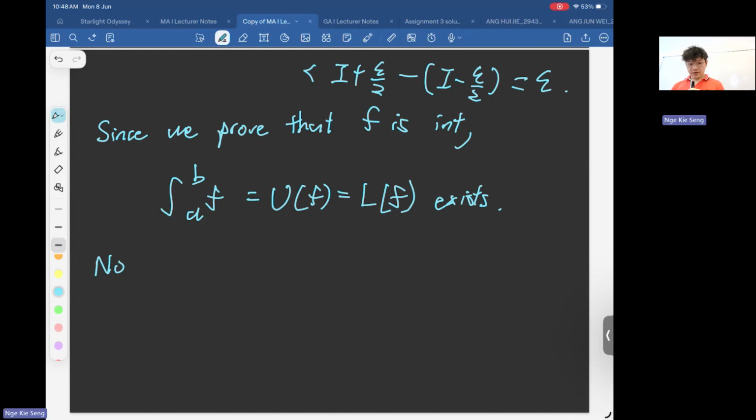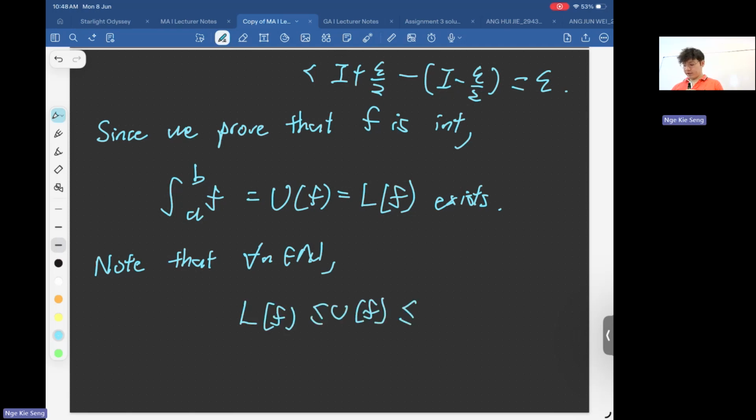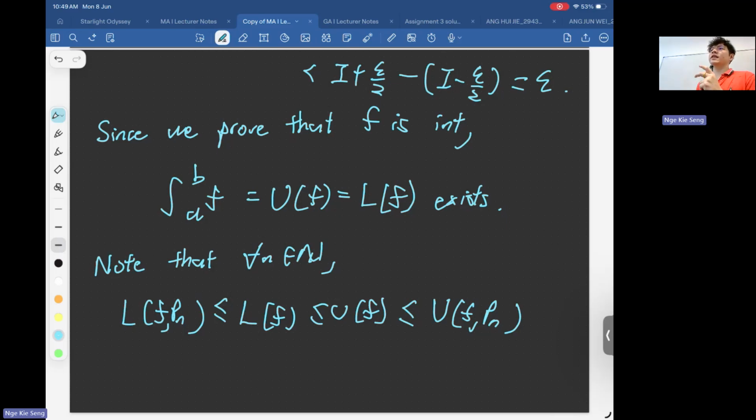Well, note that we established some inequality last time, right? We can always bound these two terms in between some fixed UFP. In fact, we can fit it in between all the UFP and LFP. But we know that these two have limits, right? So you squeeze by two sequences that have the same limit.